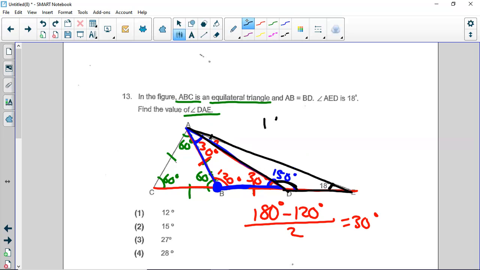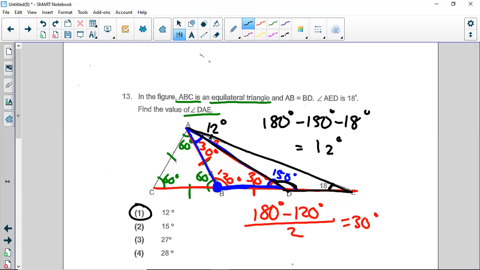Let me write down 180 minus 150 minus 18. And what angle is that? Let's work out, and you will get 12 degrees. Yeah, the answer is 12 degrees. So this question mark is 12 degrees. So the answer will be number 1.